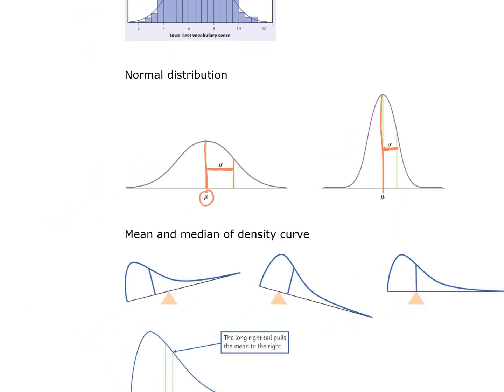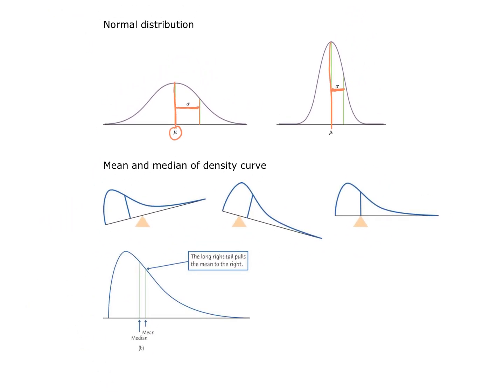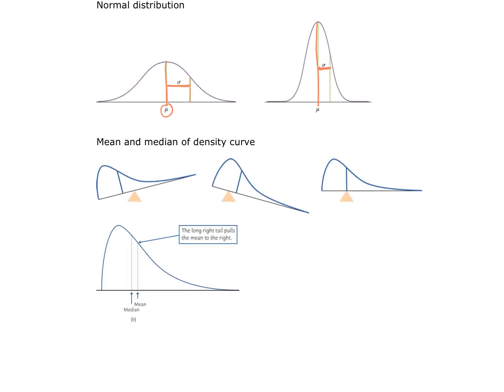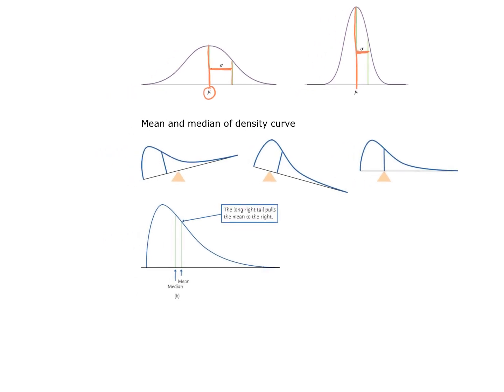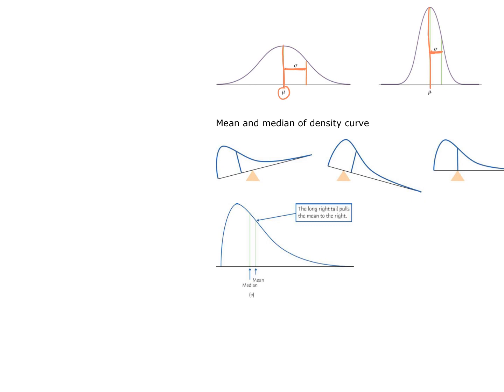Okay, we're going to take a quick side note. We're going to mostly be talking about normal distributions, but I want you to think about the fact that, just as with histograms, we can talk about finding the mean and the median for a density curve if it is skewed. So remember what we did to find our mean and median.